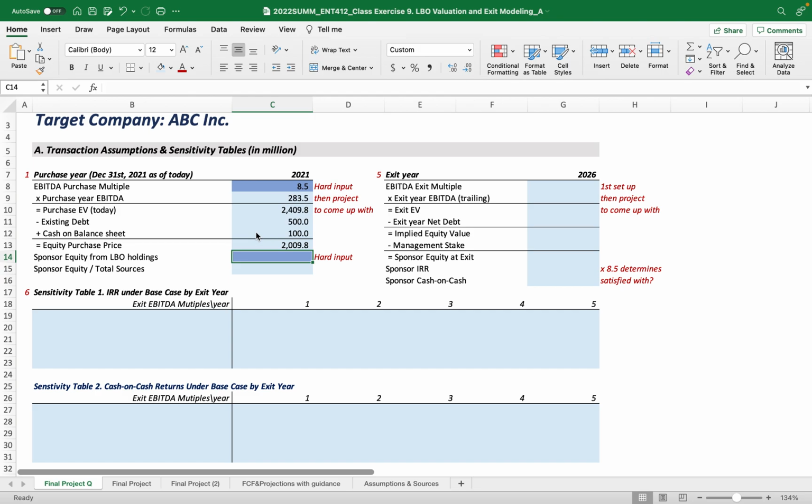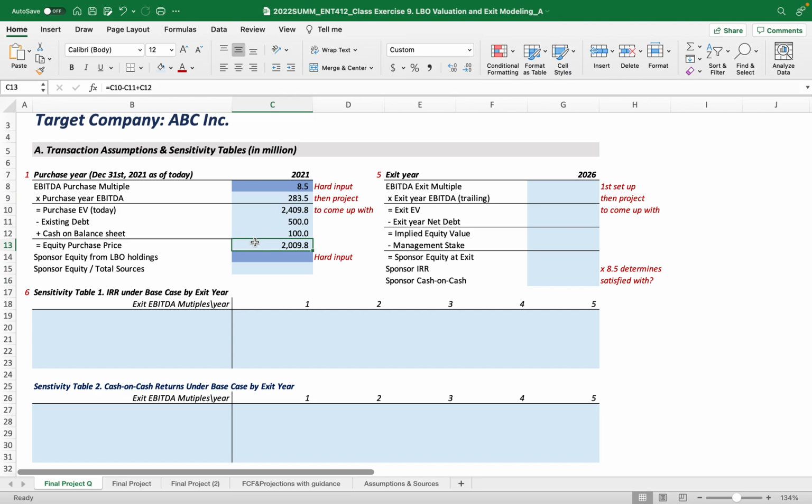But the equity purchase price from the market at inception is not the sponsor's equity investment from the LBO holdings, right? This $2 billion is to acquire the target company, using the debt. But once they acquire this company, the equity will be extinguished, right?